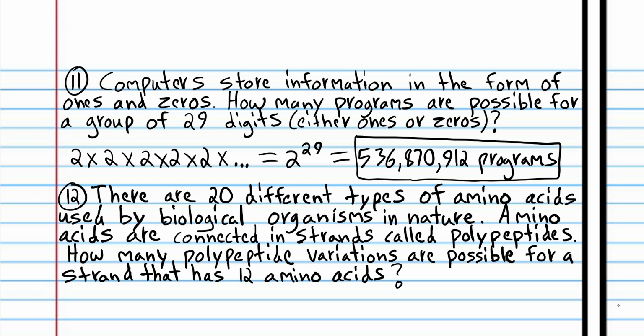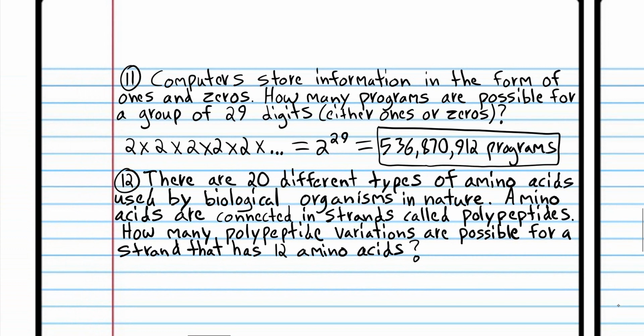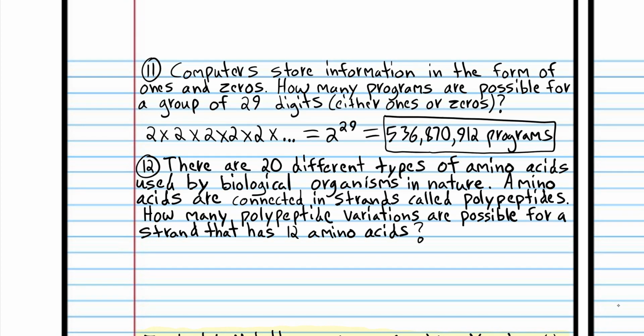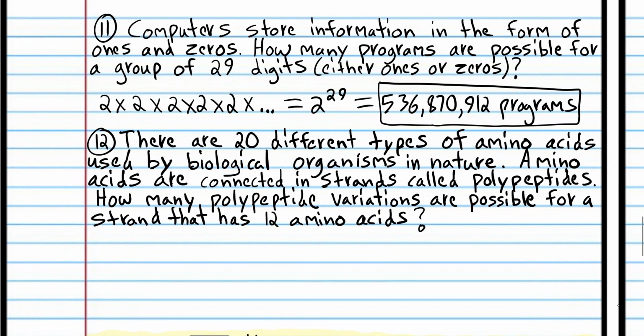So if you didn't call them programs, that's okay. That's what I would choose to call these different options. But again, not every combination is going to create a functional program. We're just concerned about the different ways we can arrange the ones and zeros. So if you got that right, excellent. Go ahead and try number 12, and when you come back, we'll do it together.